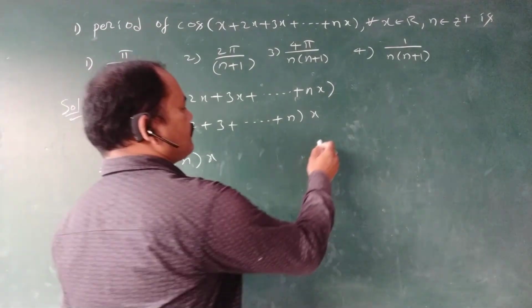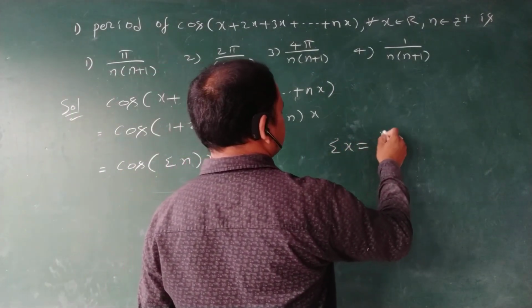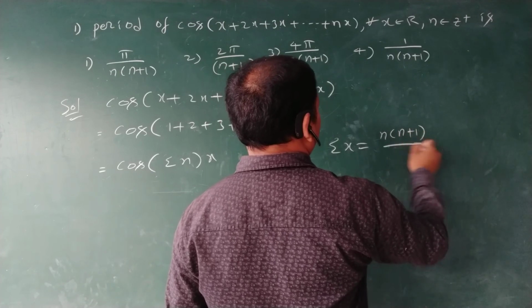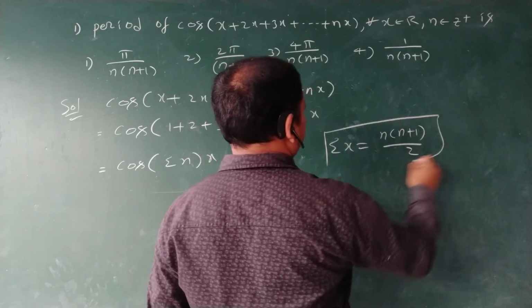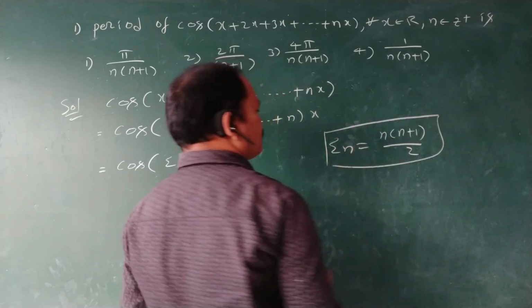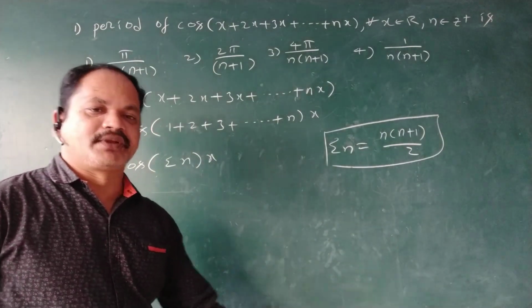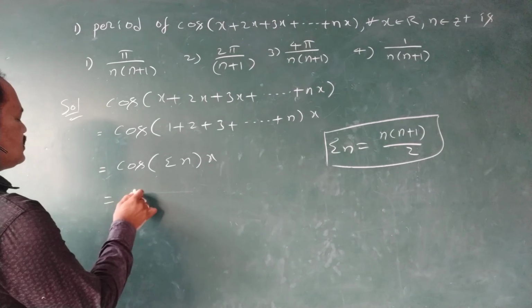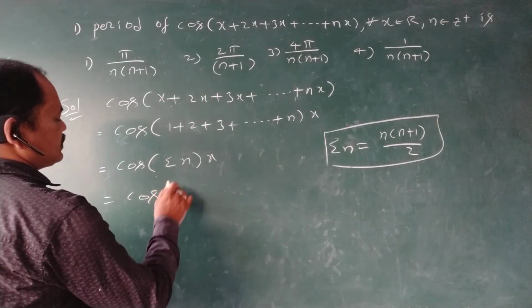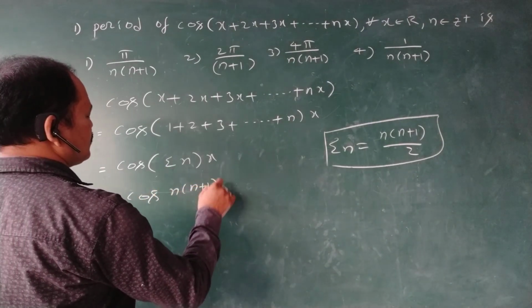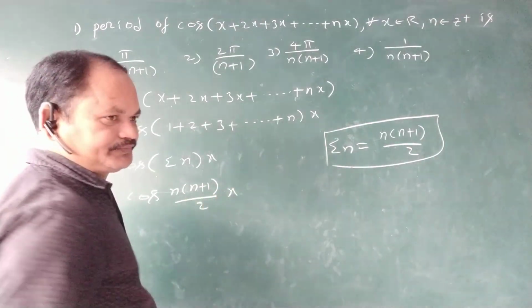We know the formula for Σn, that is n(n+1)/2. The sum of all natural numbers is n(n+1)/2. So this becomes cos of (n(n+1)/2)x.